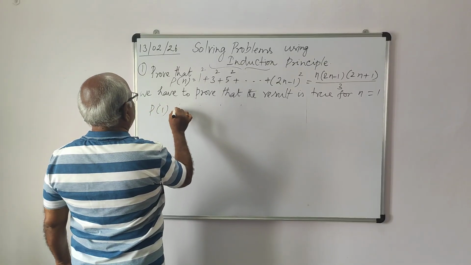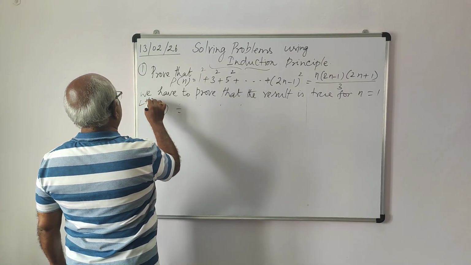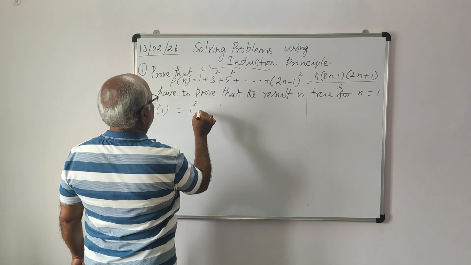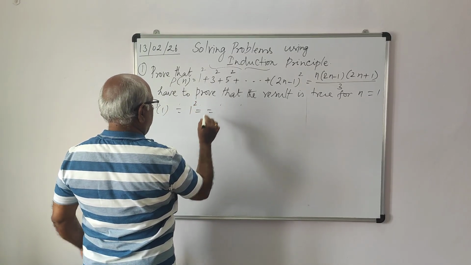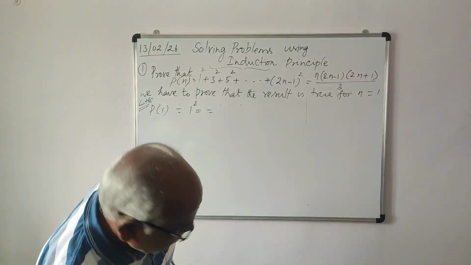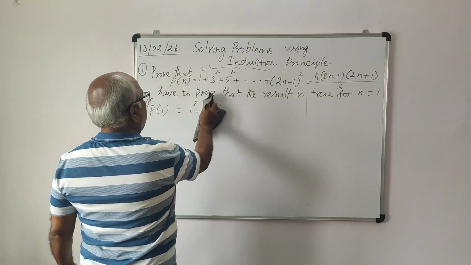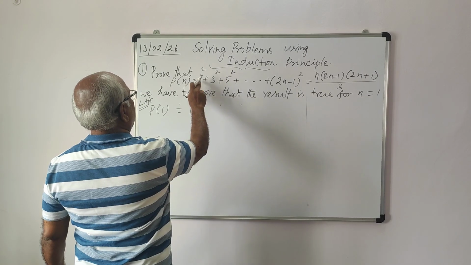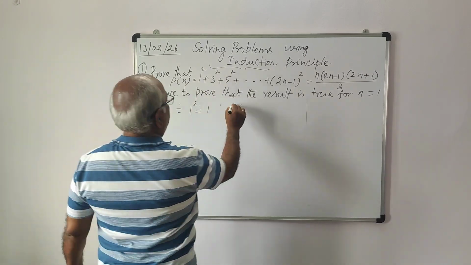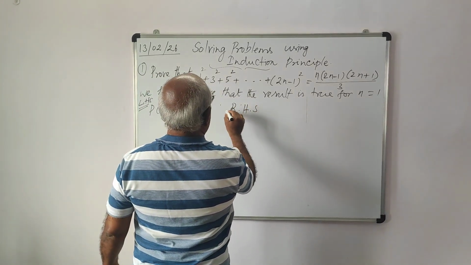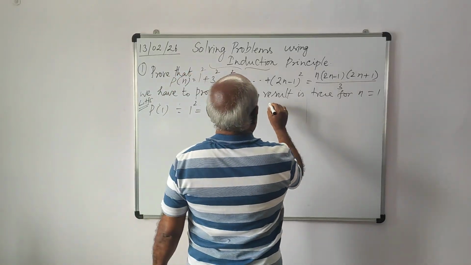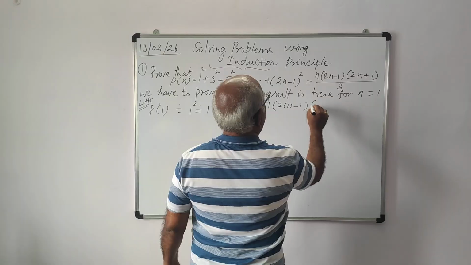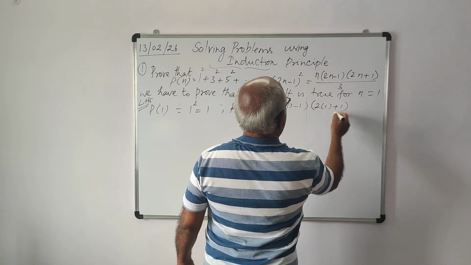Left hand side, P of 1 equals 1 square, that is equal to 1. Right hand side, n is 1: 1 into (2n minus 1) into (2 into 1 plus 1) by 3.